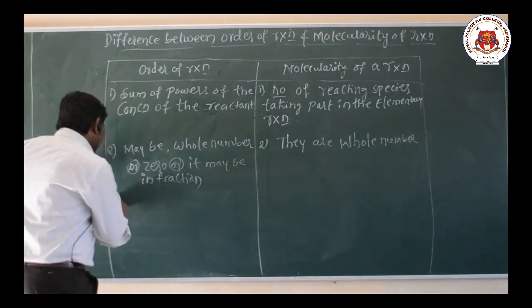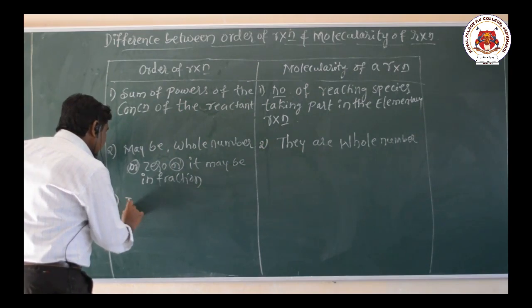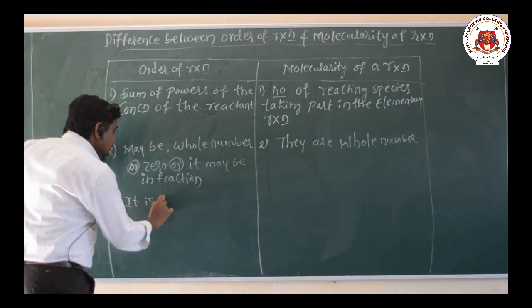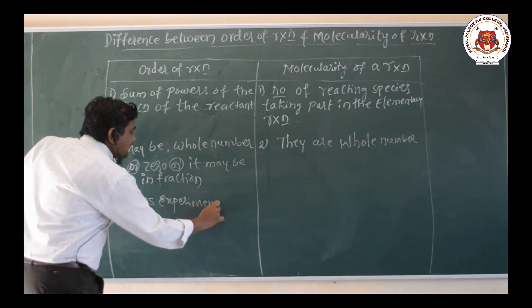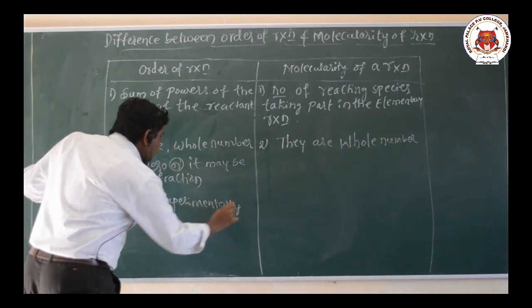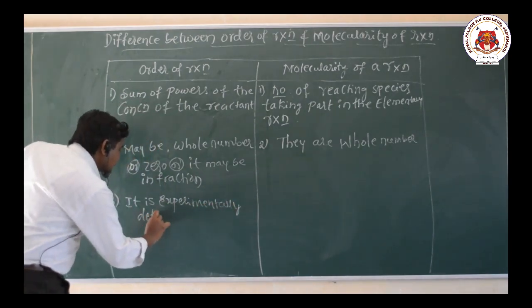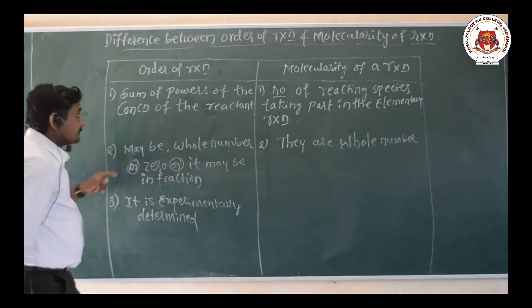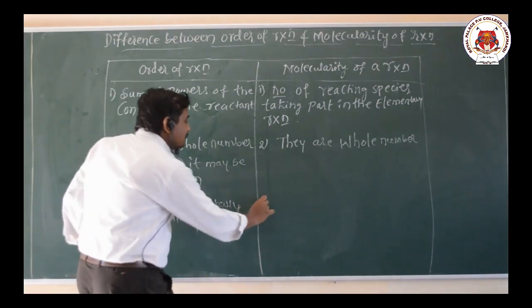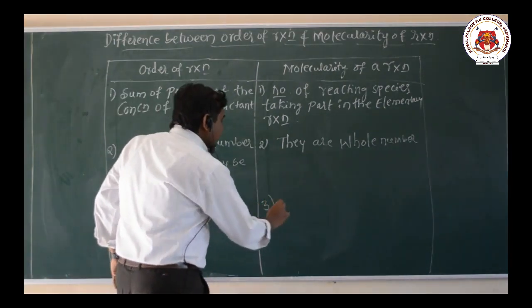The third difference: the order of reaction is experimentally determined, whereas the molecularity of a reaction is determined theoretically.